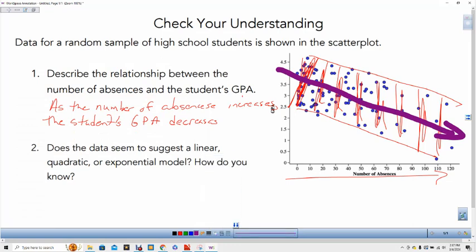So this is going to fit a linear because the group fits a linear. So linear because the points fall into a column, and there doesn't seem to be a curve.